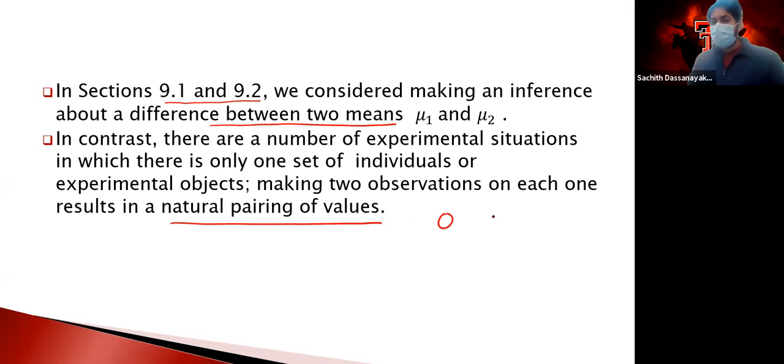They are like two values, but they belong to the same sample, the first value and the second value. This kind of pairwise hypothesis testing we are discussing in this section 9.3.